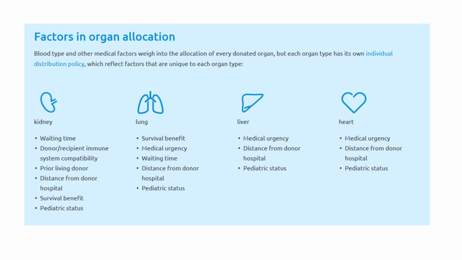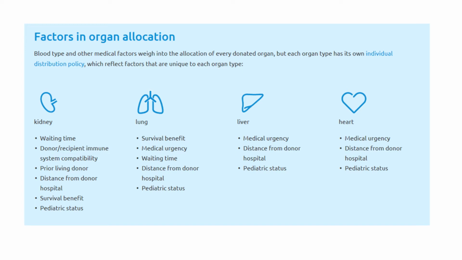Obviously, HLA, the immune system compatibility, is a factor. If they were a prior living donor, meaning you stepped up maybe when you were 22 and donated a kidney, and now something has occurred in your life where you're in need of a kidney, that actually plays a role here.